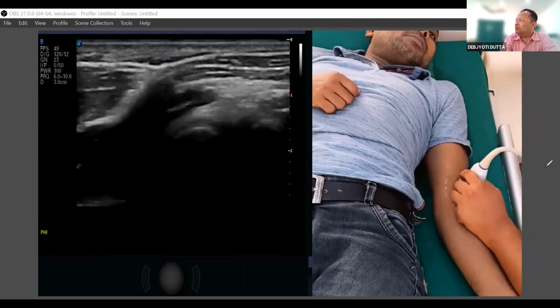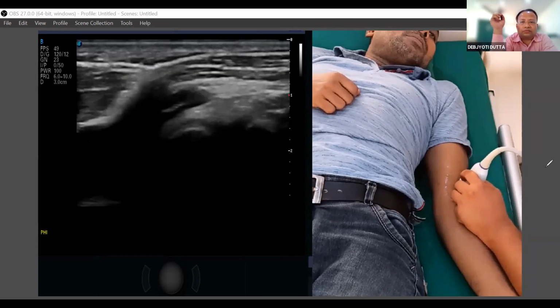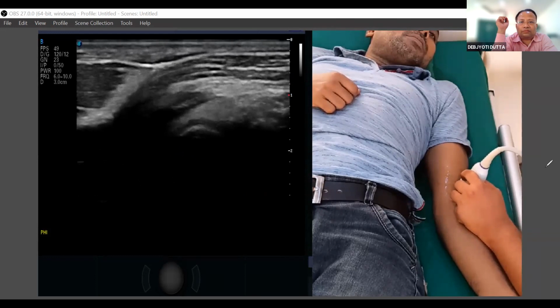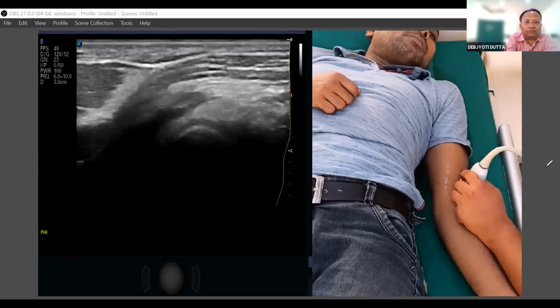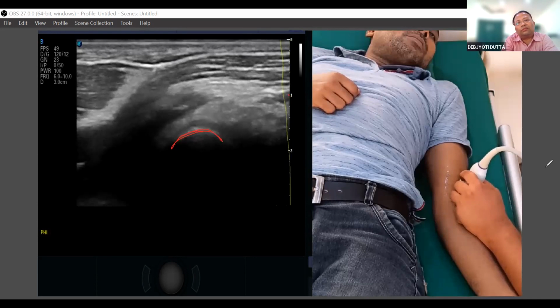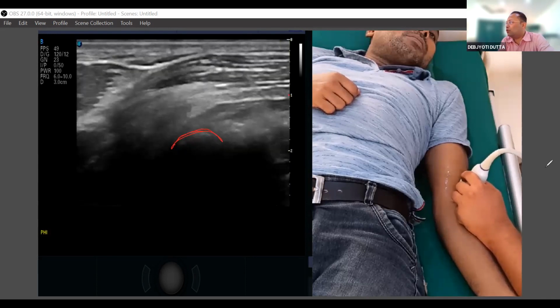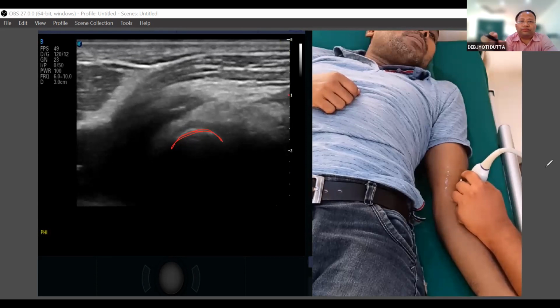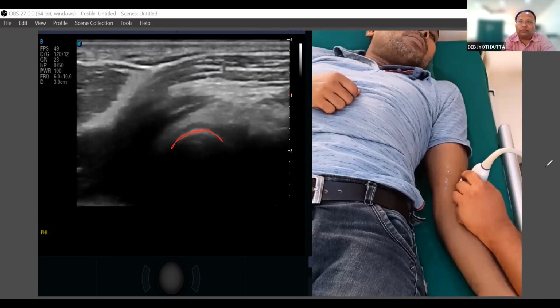So as we are coming down, here the rounded structure, okay, we need to readjust the timing and compensation so that we can see better. The left portion of the screen is proximal, the right portion of the screen is distal.